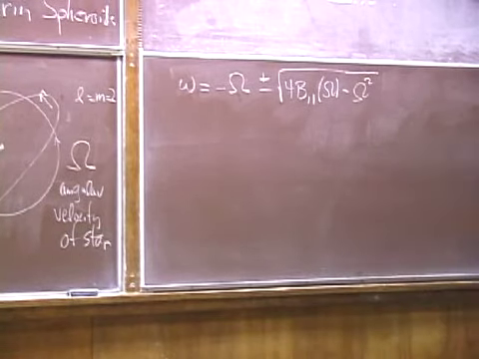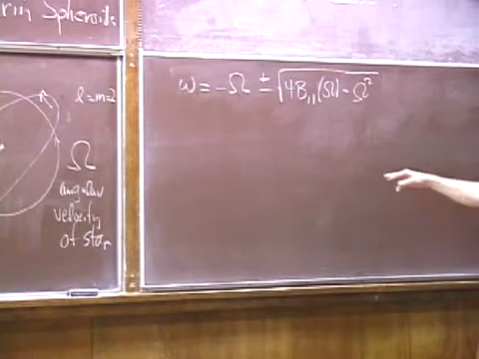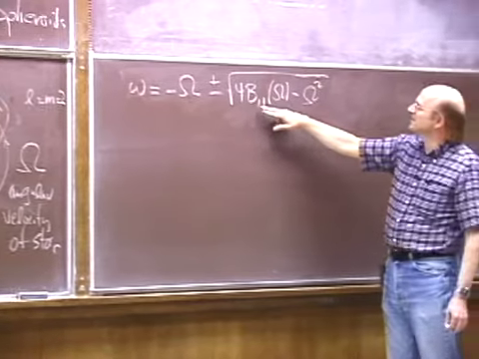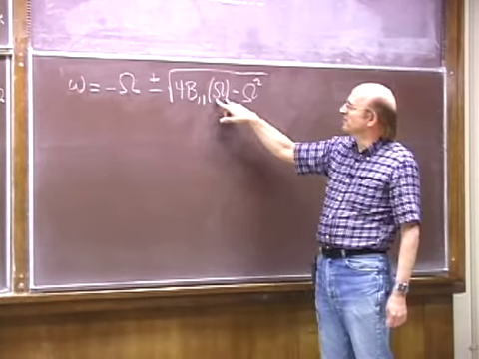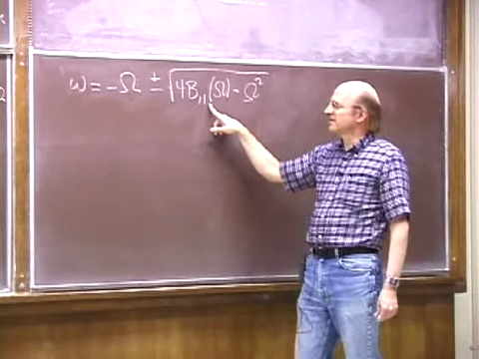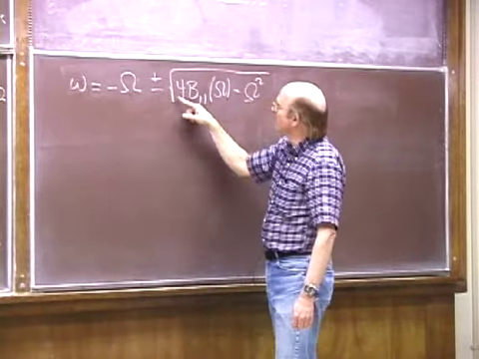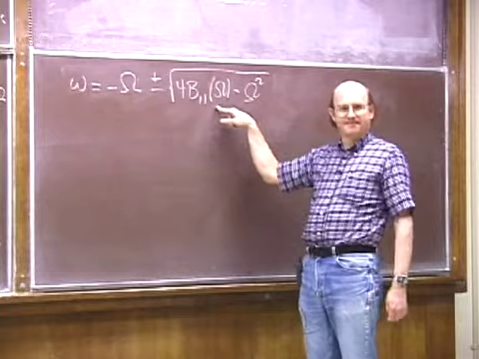It's a complicated function of the angular velocity; I could write it down, but you can look it up if you're interested. It has the property that as omega goes to 0, this just goes to some constant. So in that case, the frequencies of these two modes just go to plus and minus some number.